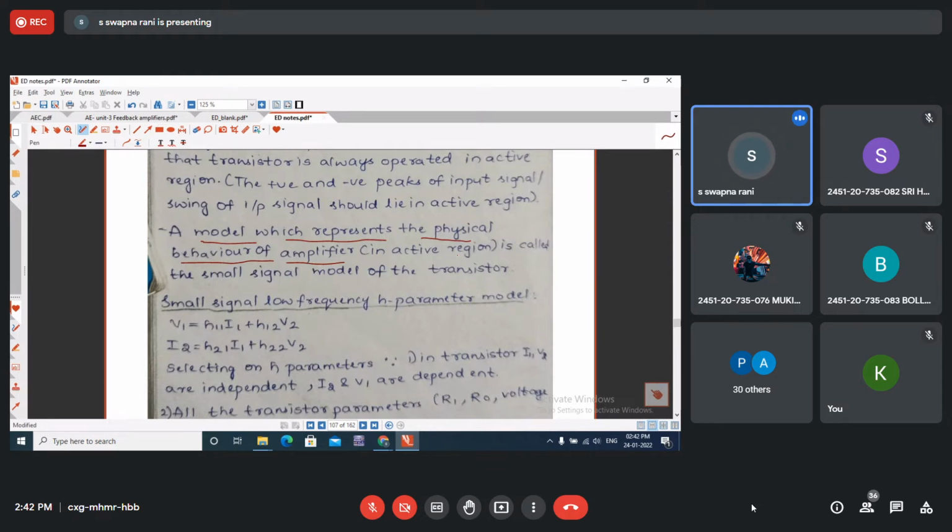The positive and negative peaks of the input signal always stay within the active region. So a model or an equivalent circuit which exactly represents the physical behavior of the amplifier in the active region is called the small signal model of the transistor.